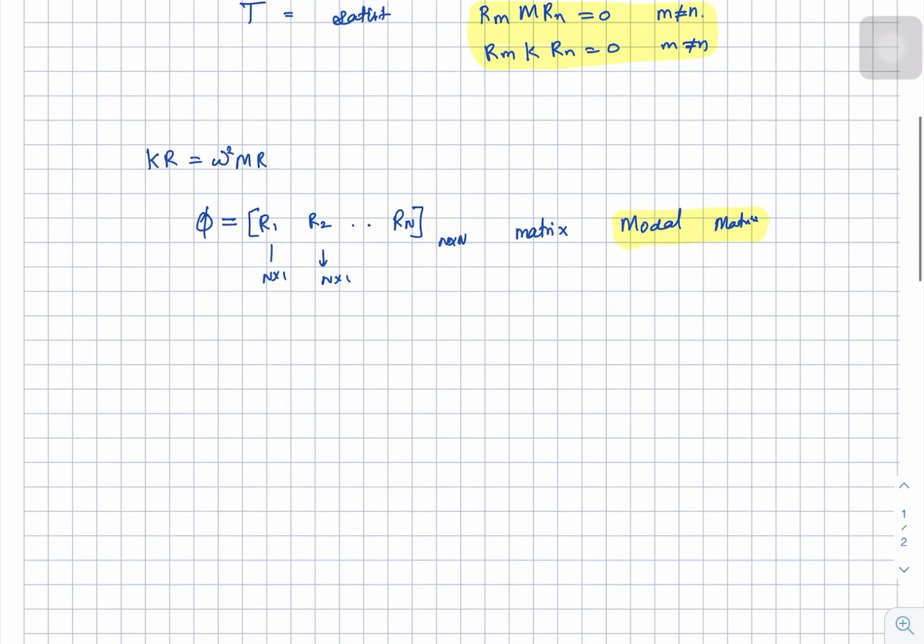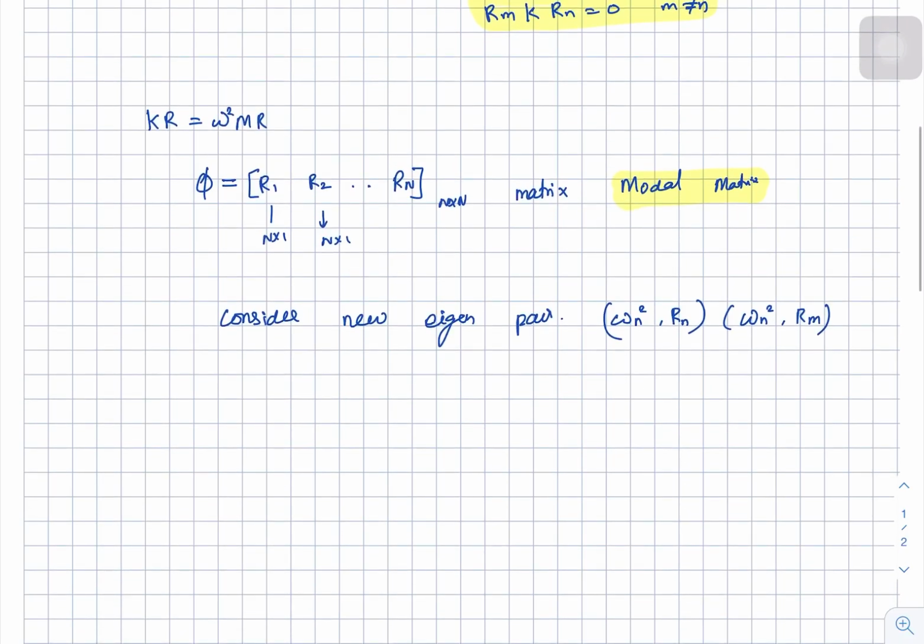So now I am considering two pairs of this solution. I consider two eigen pairs: omega n square with r_n, and another one omega m square with r_m. I will write the equation K r_n equal to omega n square M r_n.